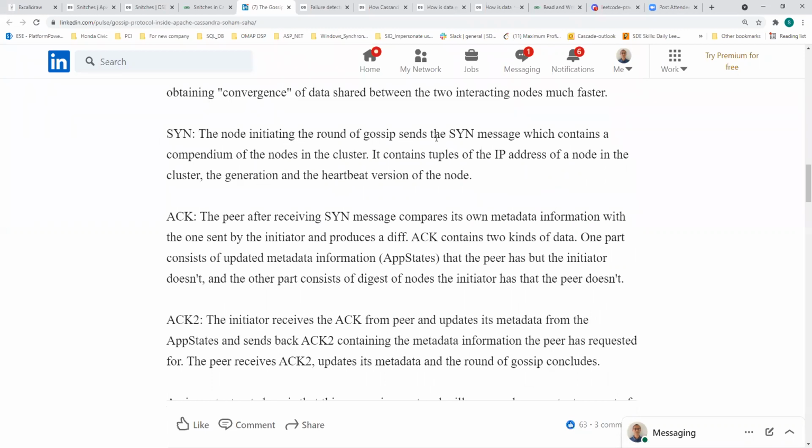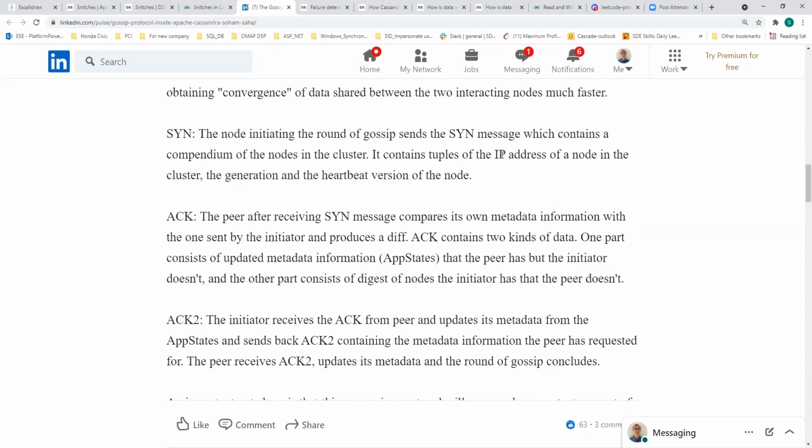Now if we look at the details, SYN is sent by the node initiating the round of gossip. At this time, it sends a compendium of the nodes in the cluster, whatever nodes it has, to Y, which in this case is the receiver.